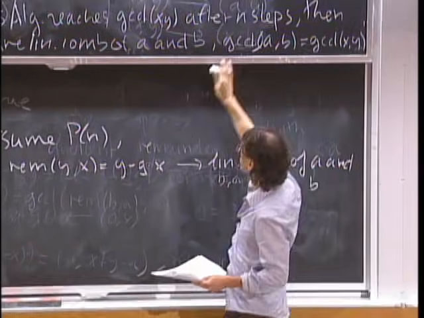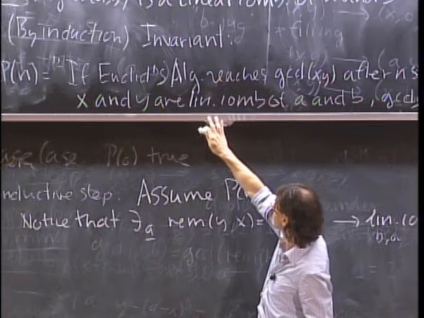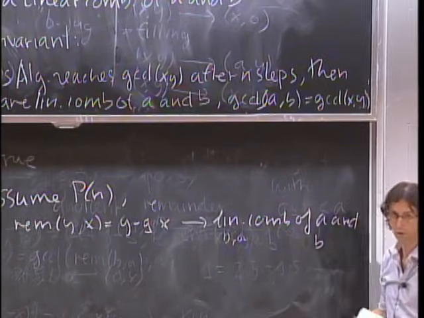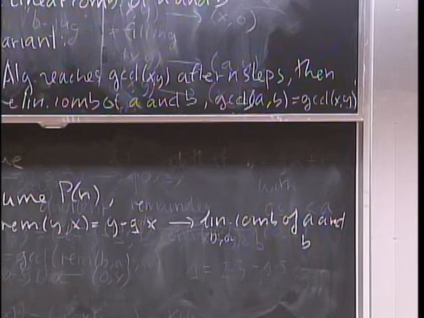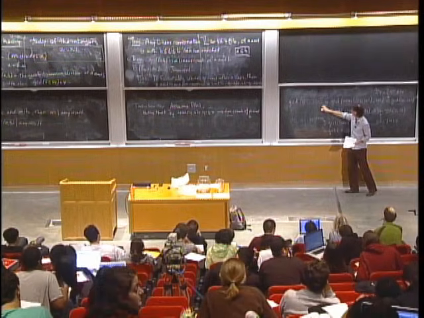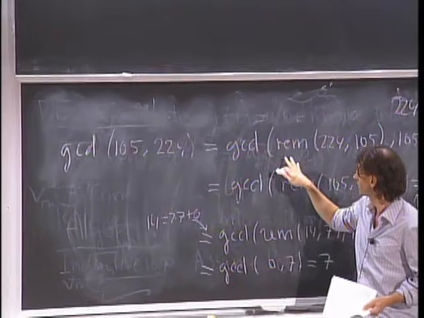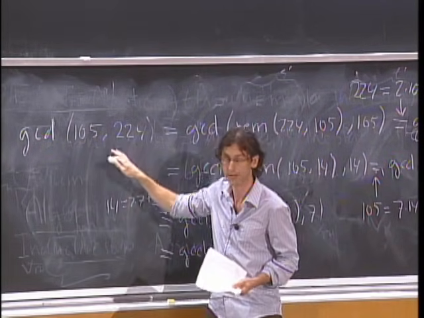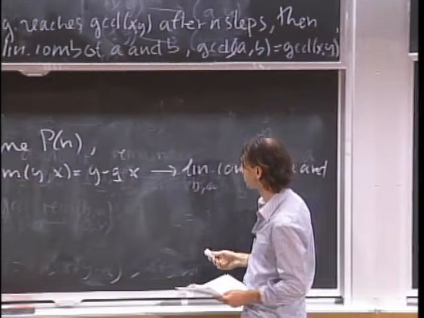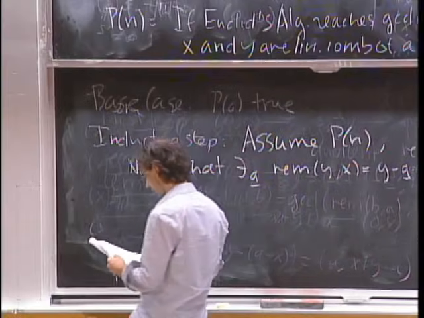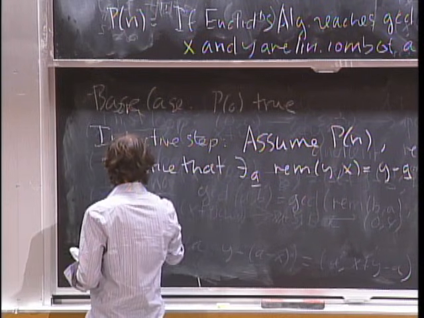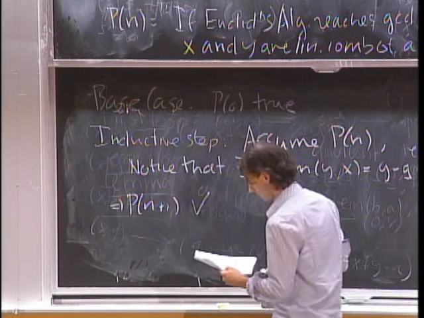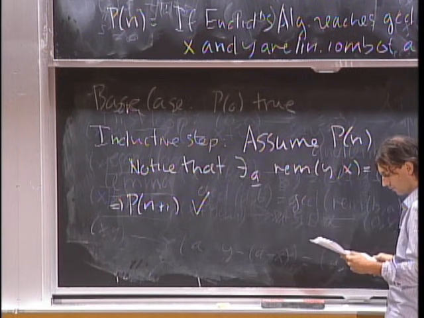So after an extra step, we notice that what we have reached are still linear combinations of a and b. And of course, the lemma has shown us that the greatest common divisor is still equal to what we originally started out with. So this proves P of n plus 1. And that finishes this particular proof.